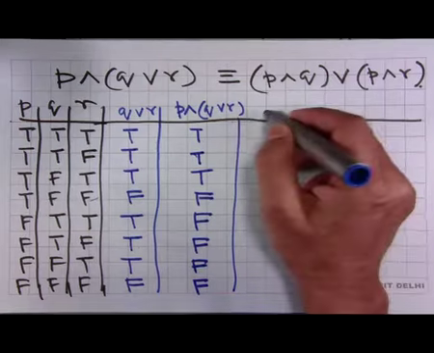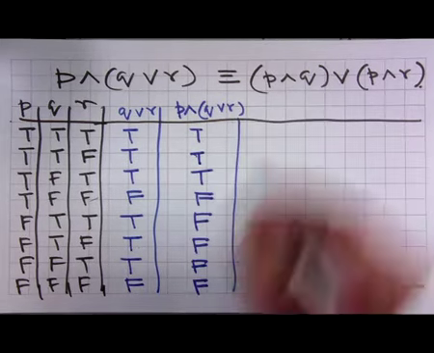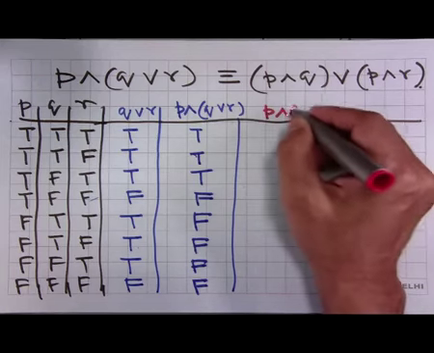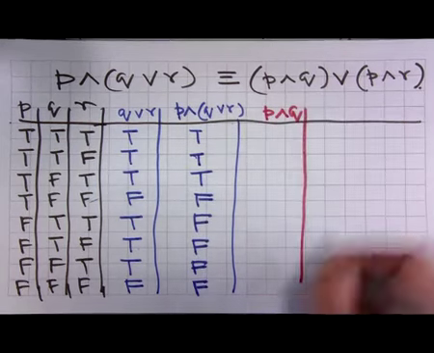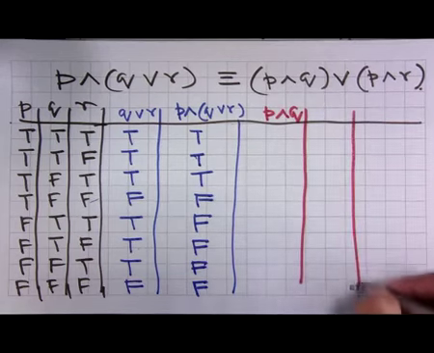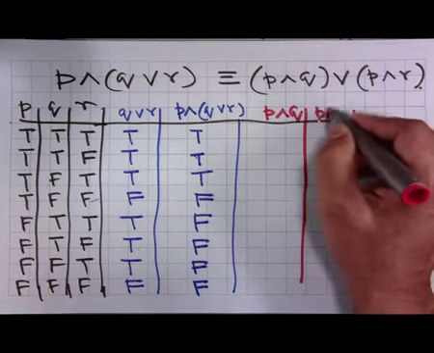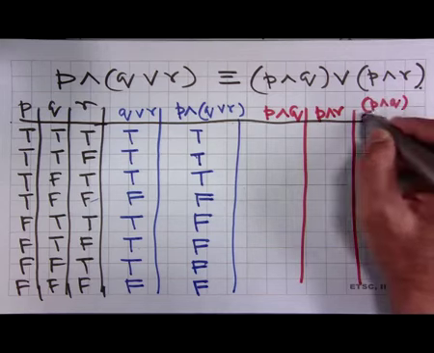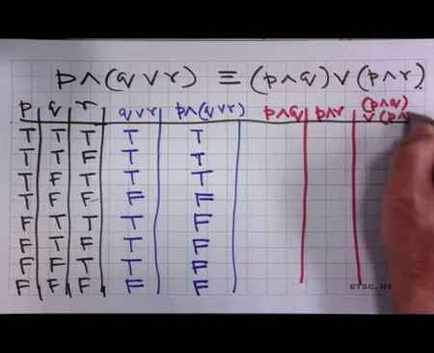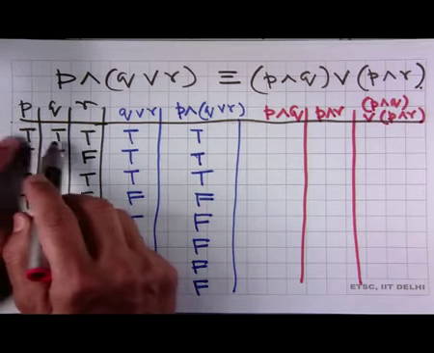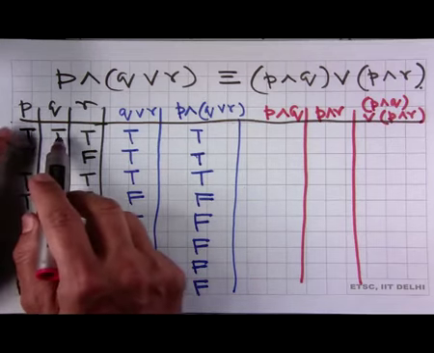What about P and R, or say P and Q? Here I will do P and Q, then I will do P and R, and then I will do the OR between them. Right? So, P and Q, I am performing the operation between these two columns.